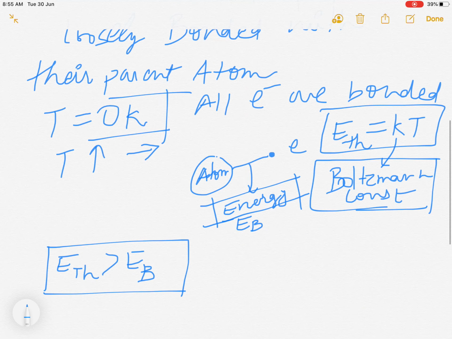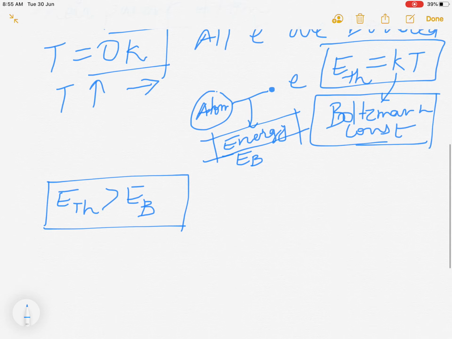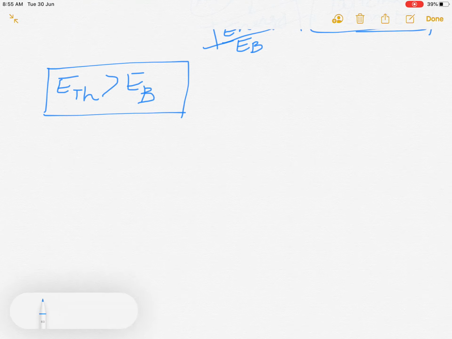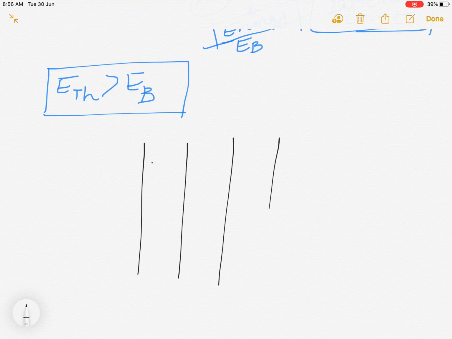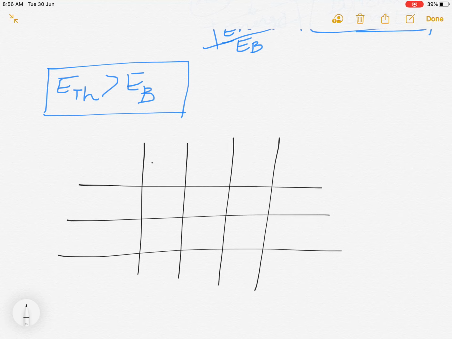If it gets disconnected from its parent atom, it leaves a vacancy behind. Let me show you. If that is a bond and the bond breaks, it leaves a hole here and the electron is freed.